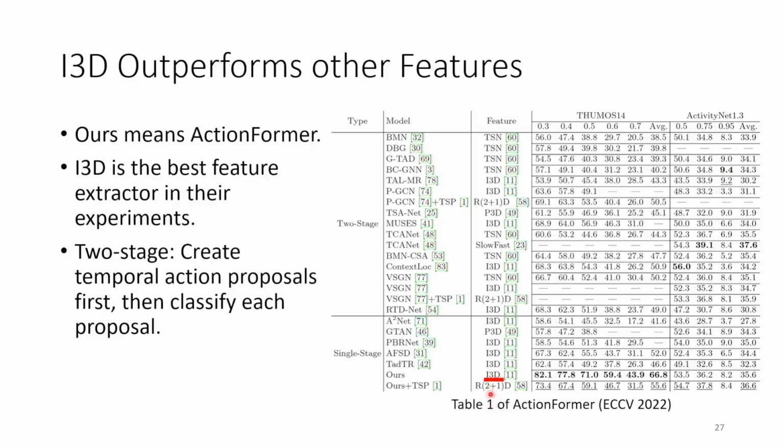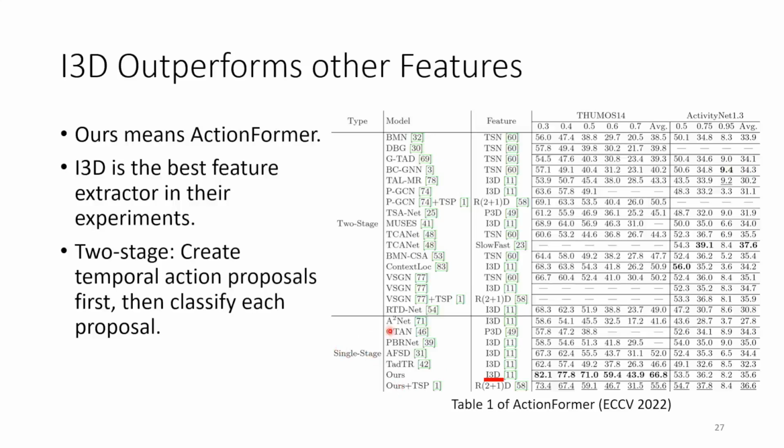What's the advantage of ActionFormer? First, it is a single-stage method. You can see there are some existing single-stage methods, right? But ActionFormer is the first to use the transformer architecture, the first single-stage method using the transformer architecture.